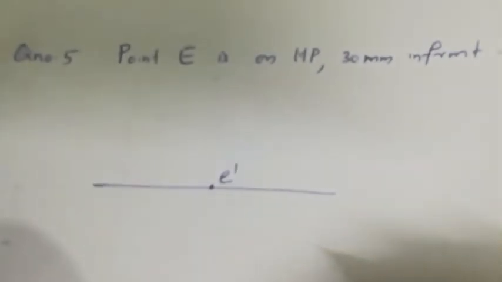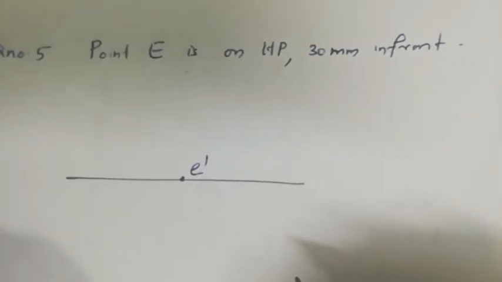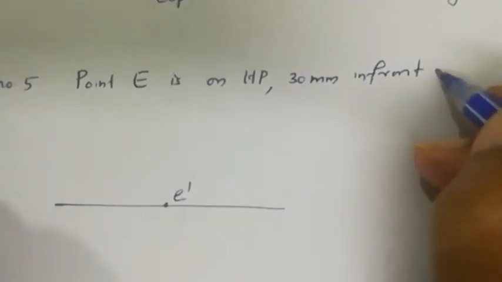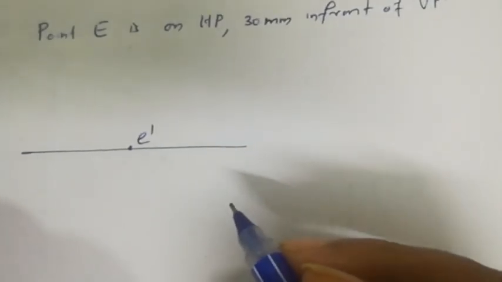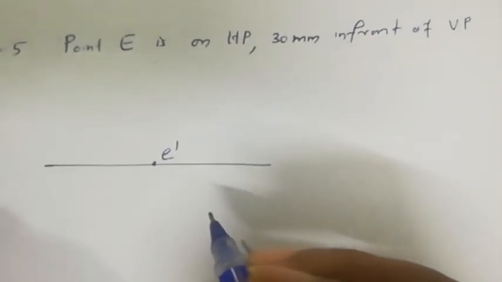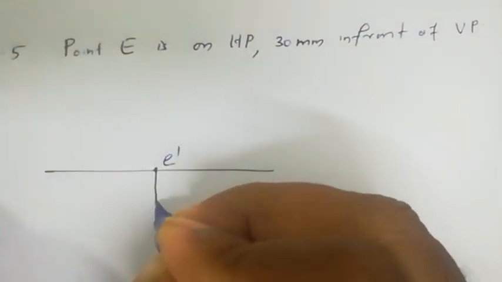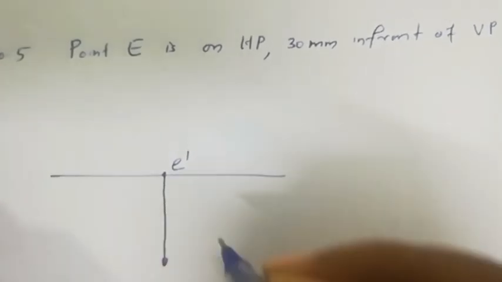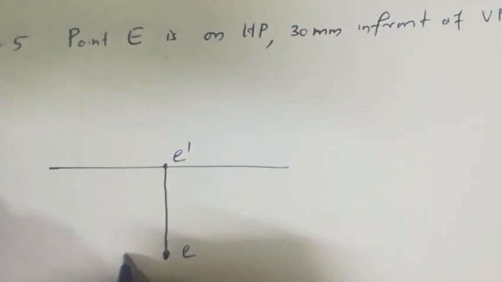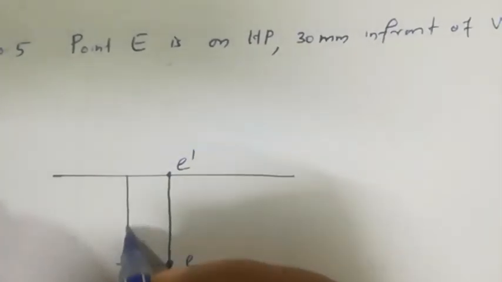So since the point is E, this is E dash. Now the point is 30 mm in front of VP. So this is in front of VP. The front portion will always come down, so 30 mm below we can mark E. So we have to dimension this one.